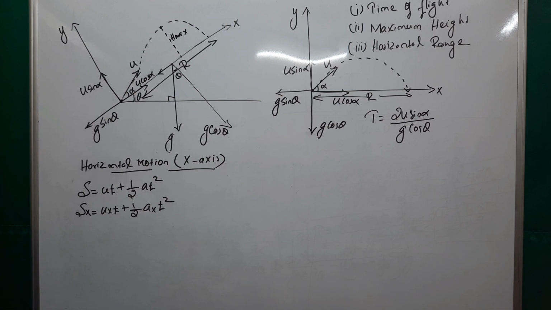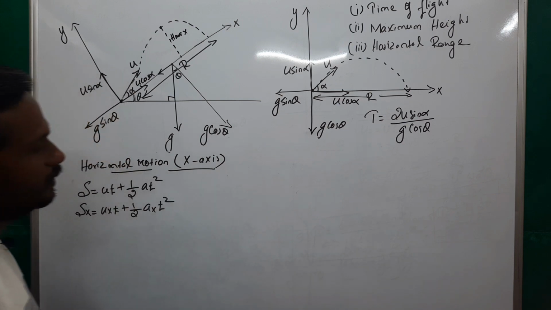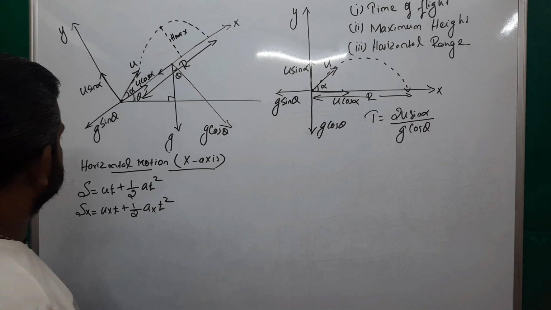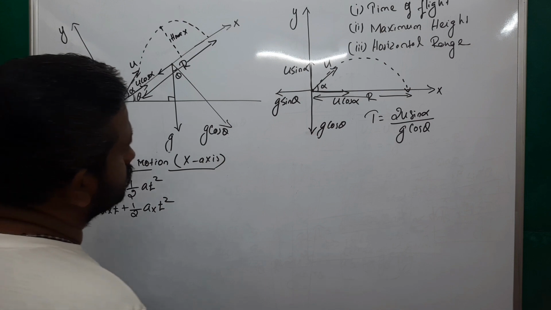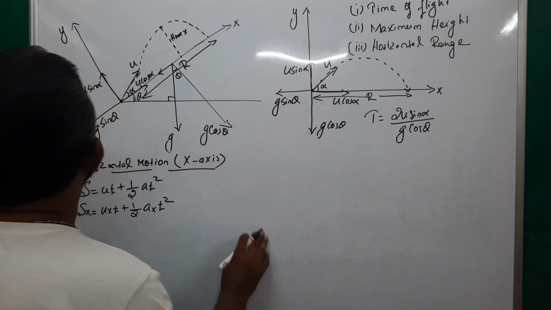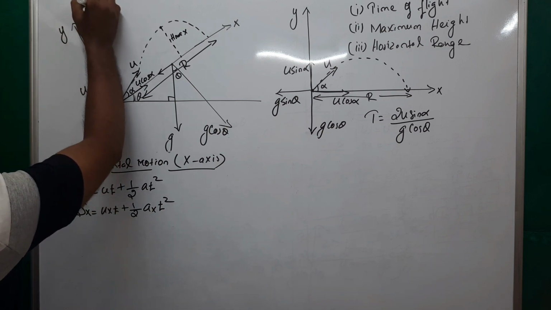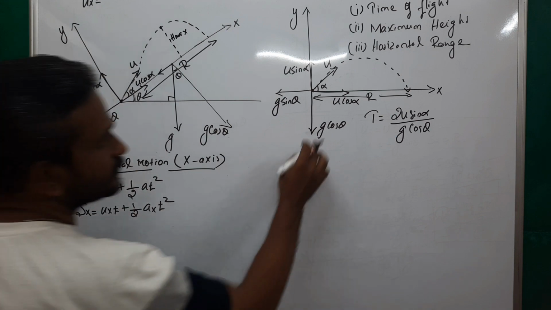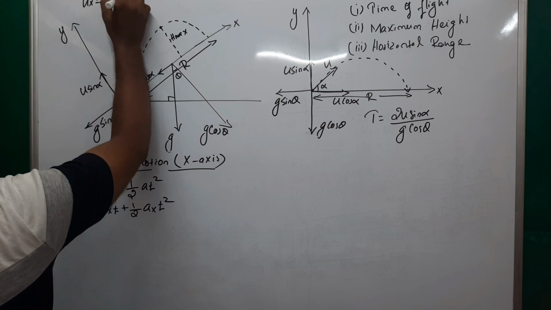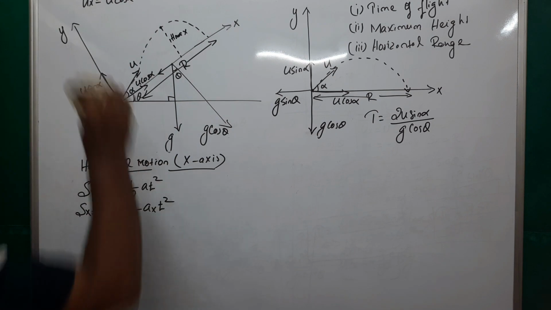Here ux equal to, what is ux? ux equal to u cos alpha.